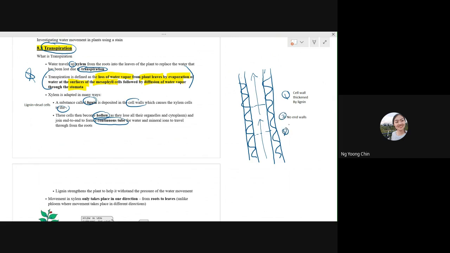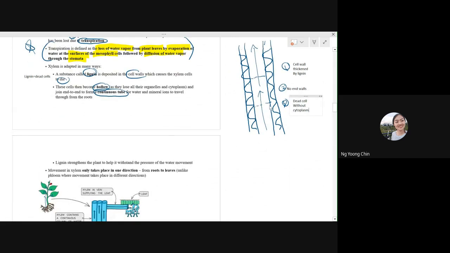Then third, they are dead cells without cytoplasm. This is also beneficial for them because they allow the water to flow continuously without any substance able to hinder its movement. And also, the xylem allows water movement in one direction only.